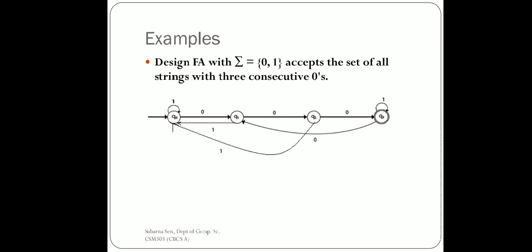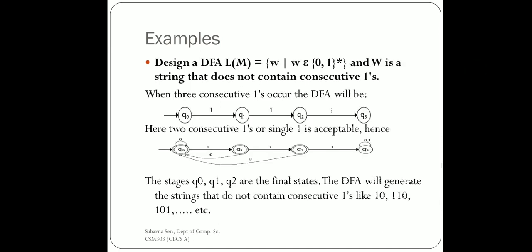It will be clearer. Okay, the last example we are going to focus on today is this one, where W is a string that does not contain consecutive ones. If this kind of question is asked, where W is not going to contain consecutive ones, firstly we will design a diagram where it will have consecutive ones.